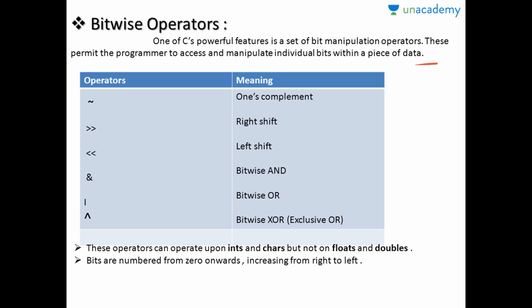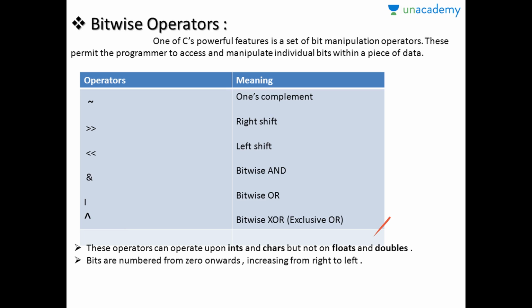You see a few bitwise operators here along with their meanings. This symbol is used for ones complement, this is used for right shift, this is used for left shift, and this is bitwise AND, bitwise OR and bitwise XOR. We'll see why we use all these operators, and what their result would impact on the program.